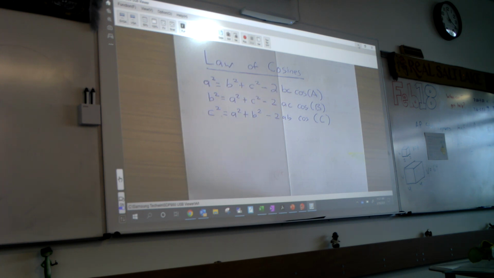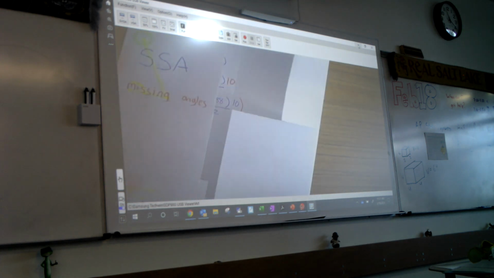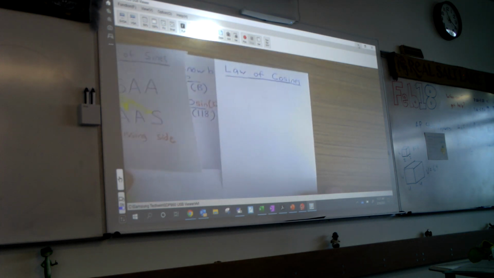If I look at the front, if I have any of the law of sines ones where it was side, side, angle, or angle, angle, side, or angle, side, angle, I can't use the law of cosines. I can try. You could try, but you will not succeed, unfortunately.